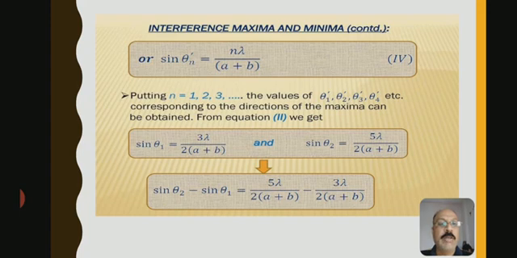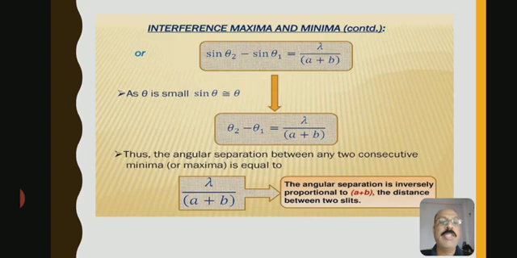Taking the difference, sin theta 2 minus sin theta 1 is equal to 5 lambda divided by 2(a plus b) minus 3 lambda divided by 2(a plus b). Rearranging, sin theta 2 minus sin theta 1 is equal to lambda divided by (a plus b). As theta is very small, we consider sin theta equal to theta.